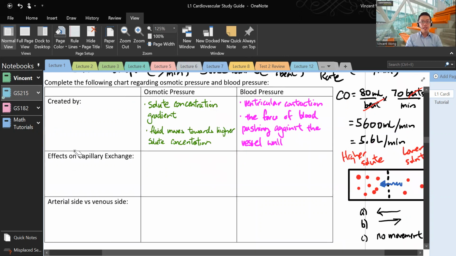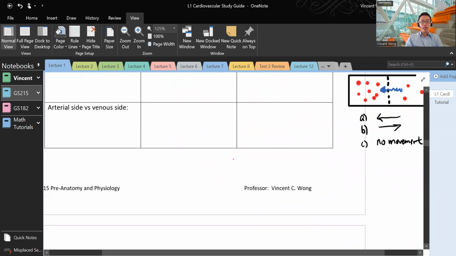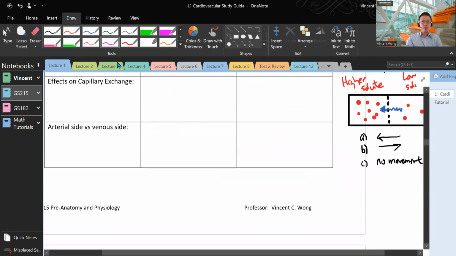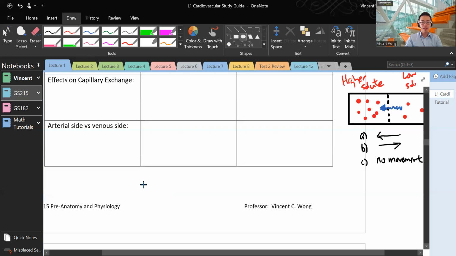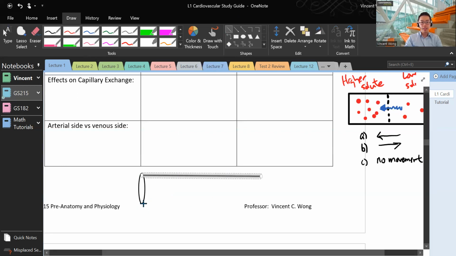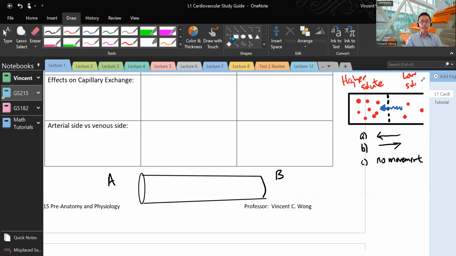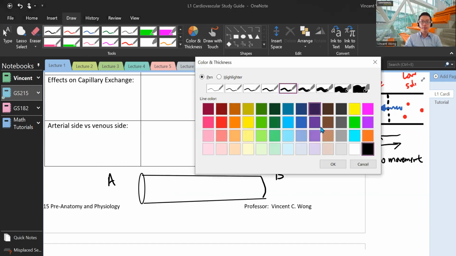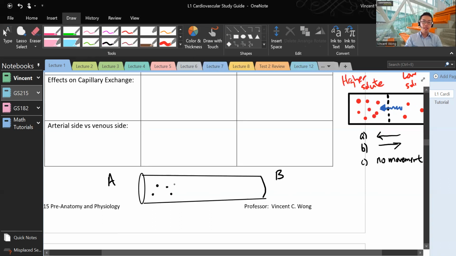Okay, effects on capillary exchange. So again, I drew this before in the recording, but just have a really quick one here for you to see. This is my capillary, and one side it's connected to the arterial, so we call that the arterial end, and this would be the venous end. And if you look at the solute concentration, a solute is basically anything that's dissolved in the blood.